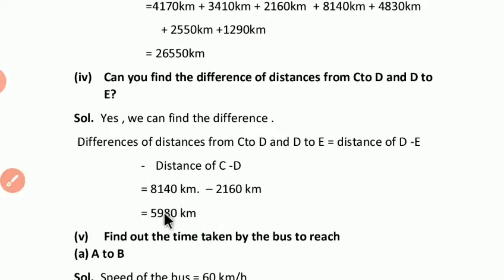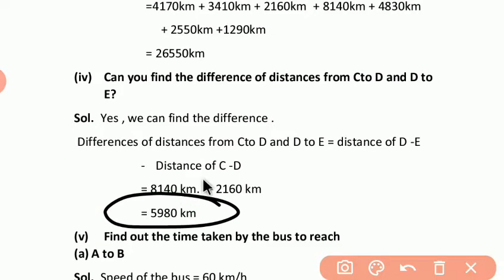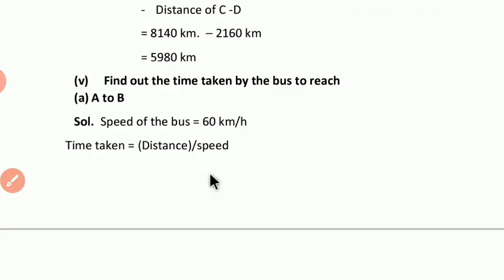It means from D to E the bus has traveled 5980 km more than C to D.